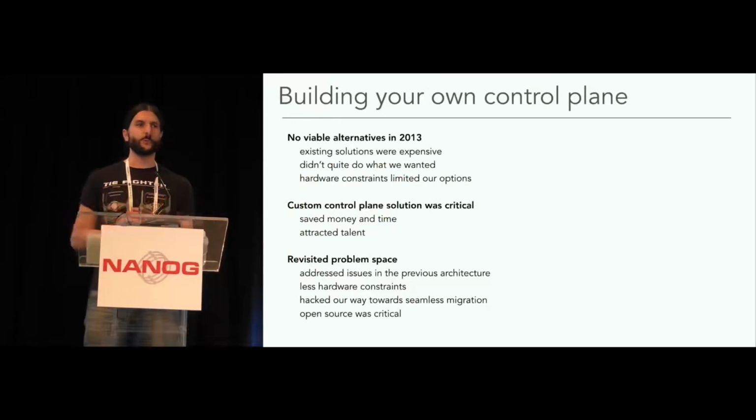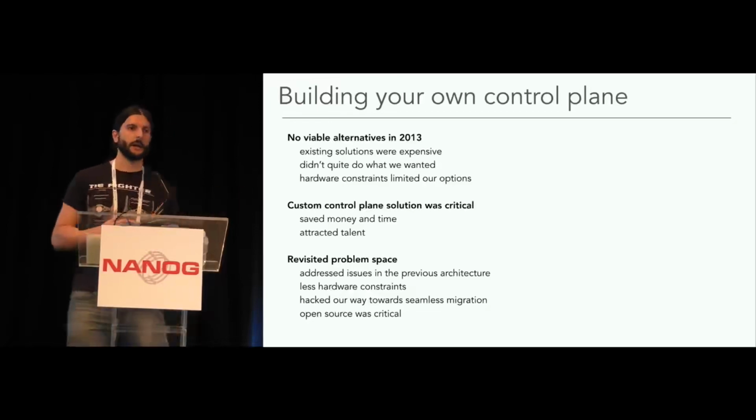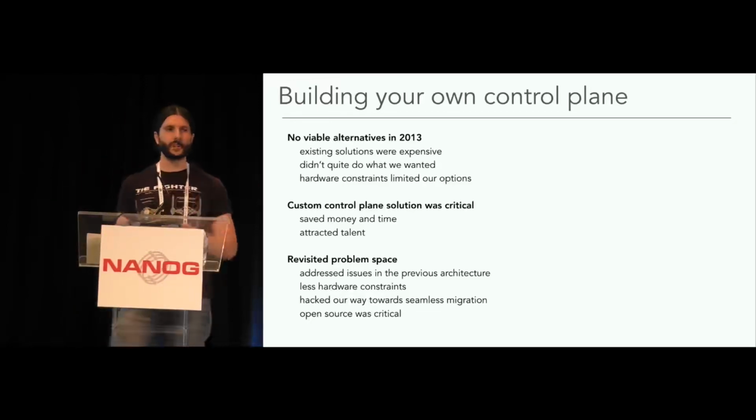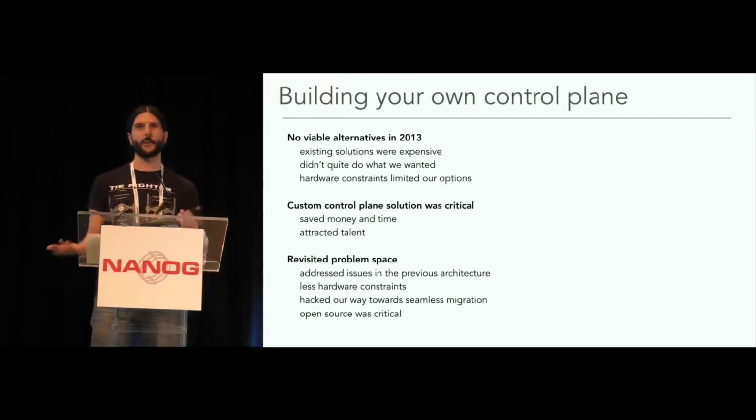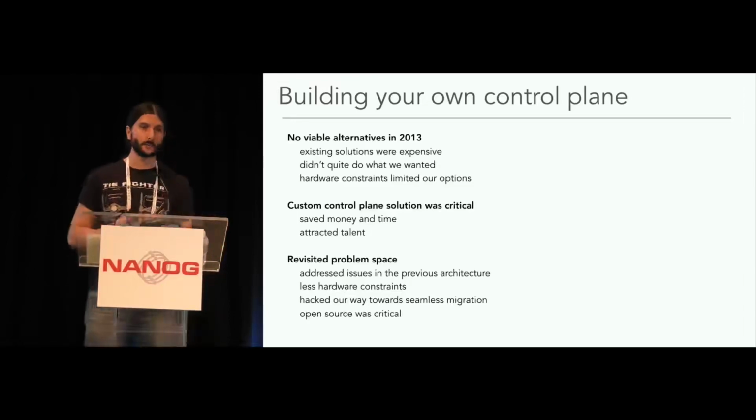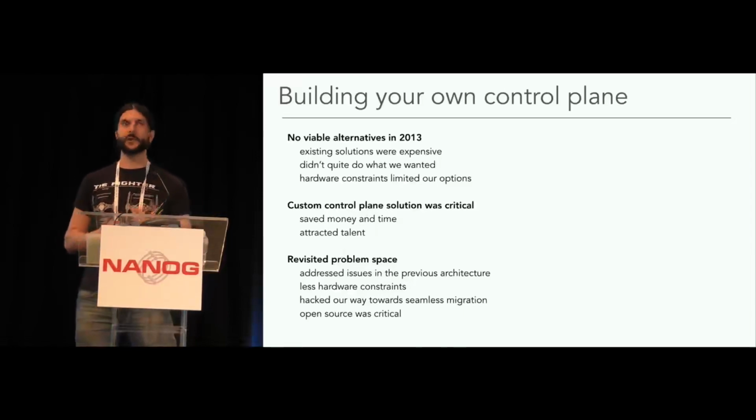And yeah, to summarize everything, we built what we built in 2013 because there was nothing better. Routers were super expensive. Switches had certain limitations, so we had to work with them, and that meant doing all these horrible layer 2 hacks. Having the custom control plane was critical because we saved a lot of money and time, and it also allowed us to attract talent.